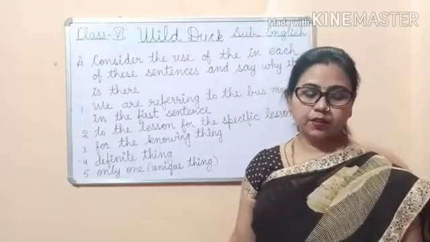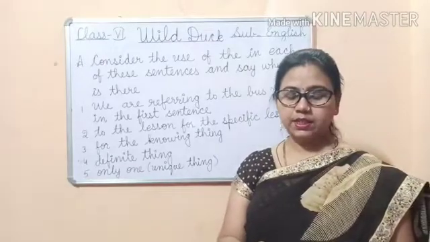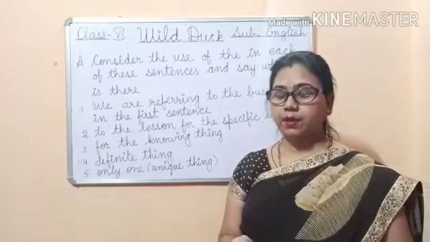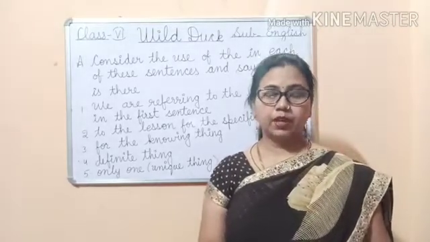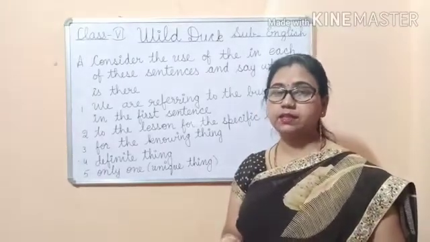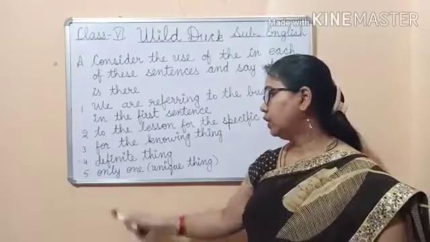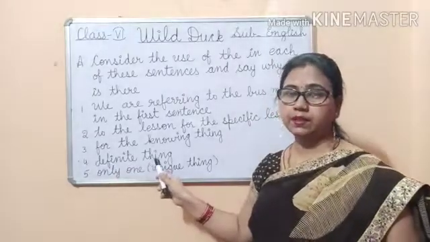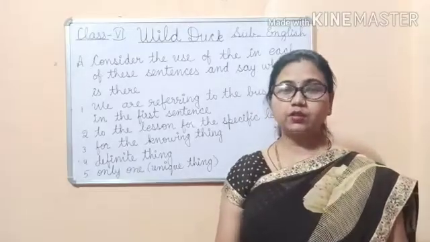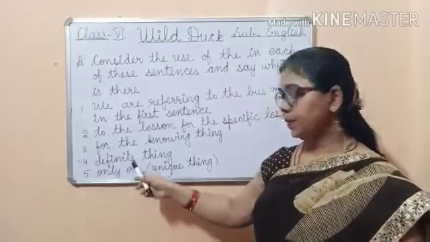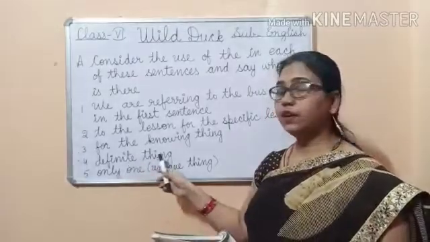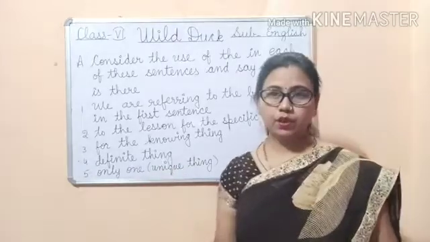Number 4 is, where is the long distance bus station? We have used here "the" before long distance bus station for a definite place. Bus station is a definite place. So we are referring to the long distance bus station for a definite place or definite thing.